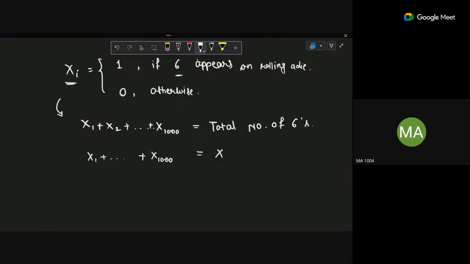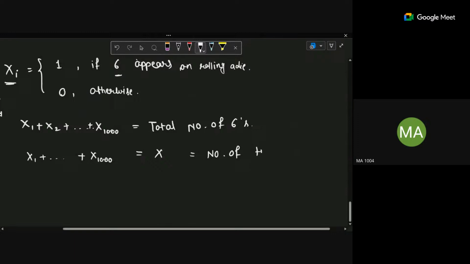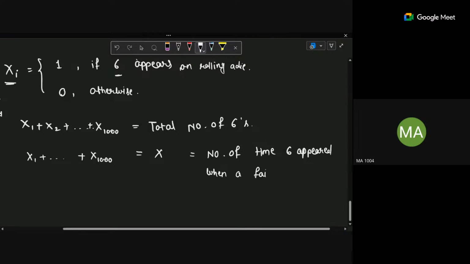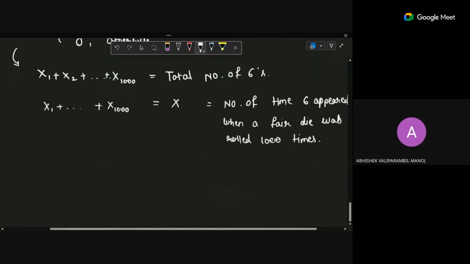X was denoting the number of times 6 appeared when a fair die was rolled 1000 times. This was given, right? So now my x is nothing but the sum of the random variables.